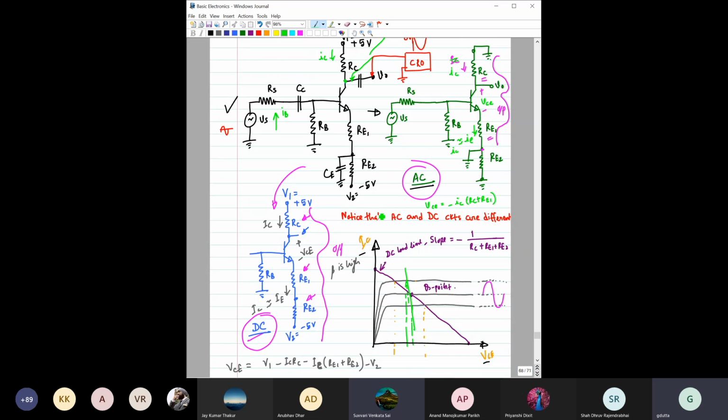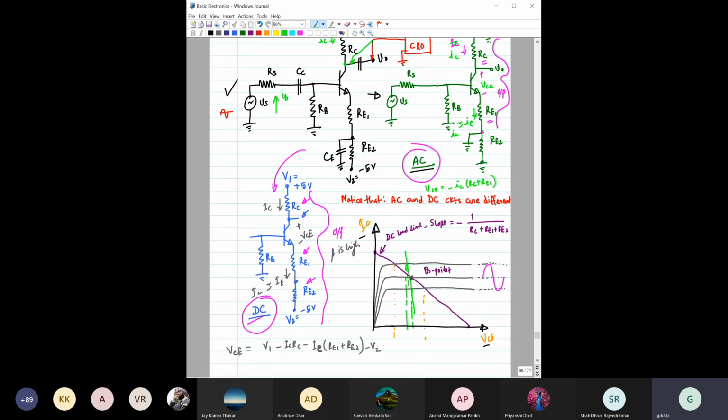Right? Okay. So what would be the slope of this AC load line? Minus 1 by RC plus RE1. Right. And here we already know that RE2, this value is very high, right?